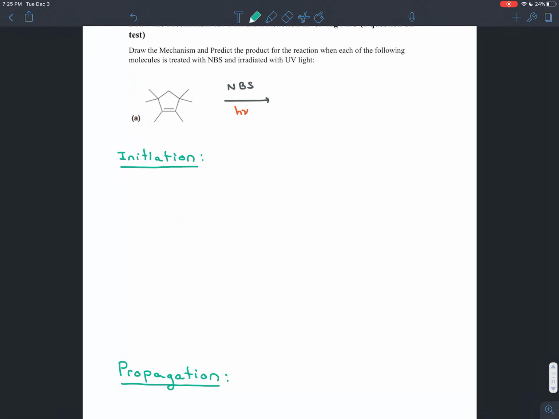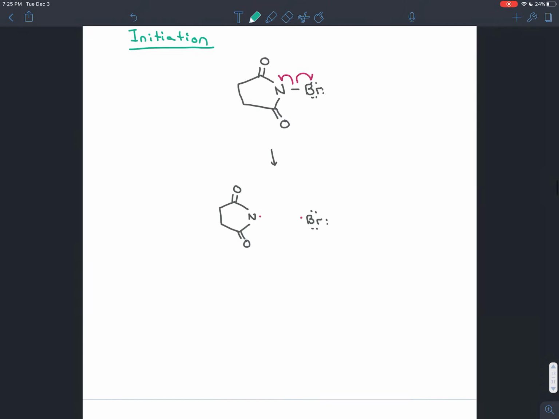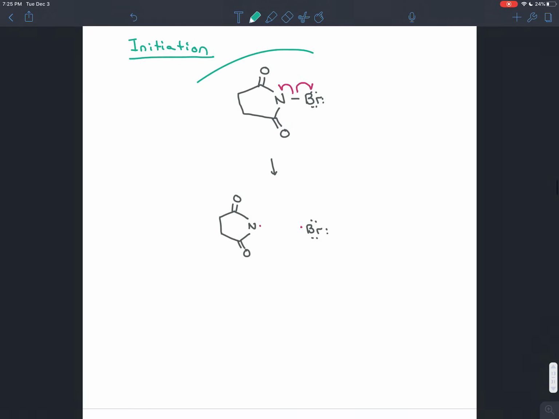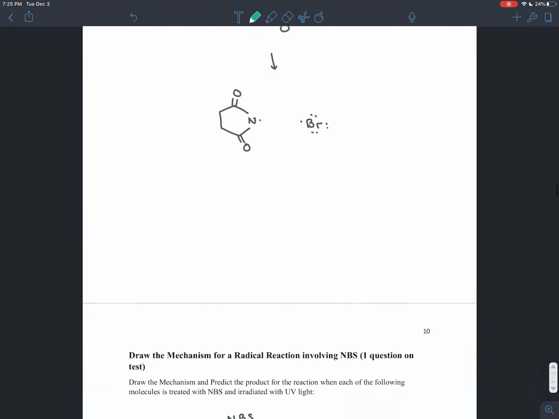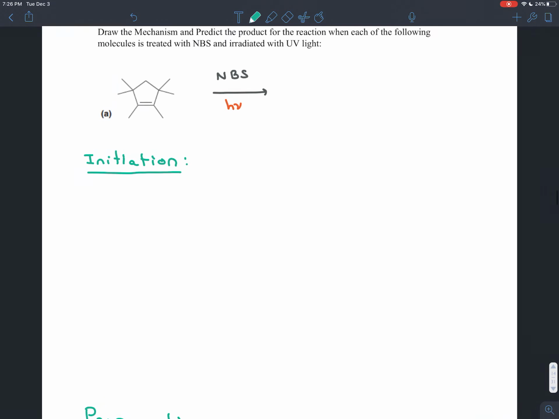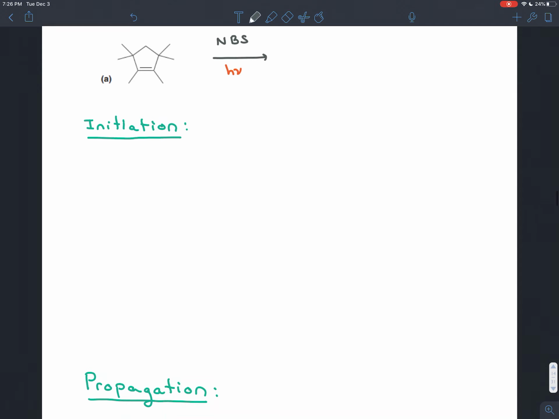The initiation step is the step in which you create radicals, and so the step is really going to be the same as what we drew above. That will always be our initiation step when we use N-bromosuccinimide, or NBS. So you'll want to be able to draw N-bromosuccinimide. NBS tells you where to start in your drawing. You have a nitrogen bonded to a bromine.